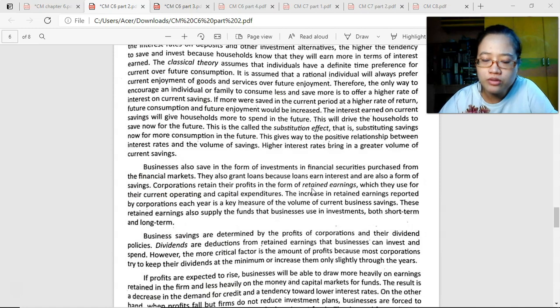Okay, operating, edi yung normal na expenses nila to operate as a business. Pangbayad ng salaries and wages, pangbayad ng electricity, ng utilities, security, maybe, and the mga business permits and licenses, taxes, ganyan. Okay, or anything that they need in their operation or their production of goods and services.